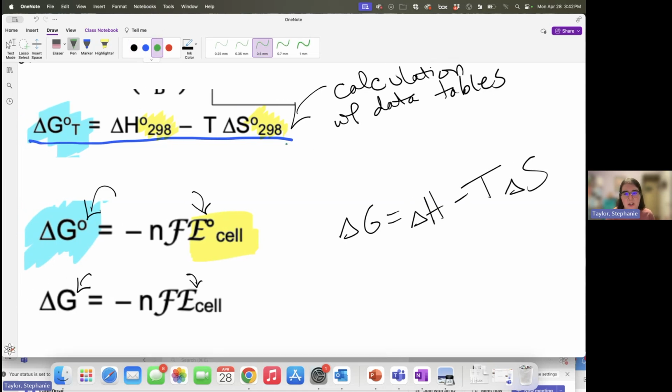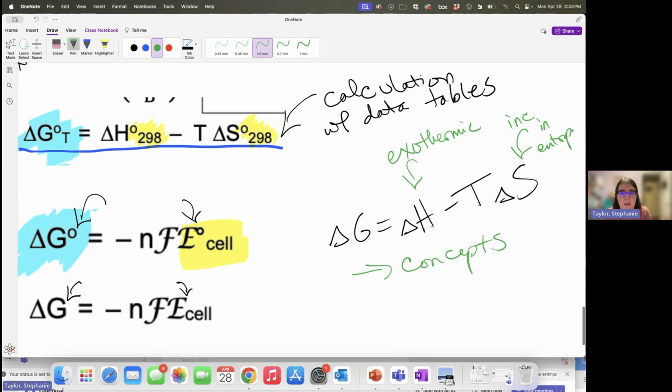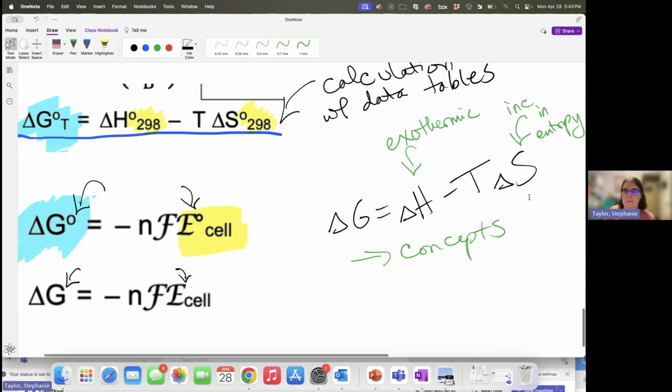Because this version of the equation, we usually do this one for concepts. Because usually what we talk about here is basically if I tell you that this is exothermic, and I tell you that this is increasing in entropy, then do you expect this to be spontaneous or non-spontaneous? And so usually we use this version without the standard symbols just to talk about spontaneity and then to do some general assumptions like that.